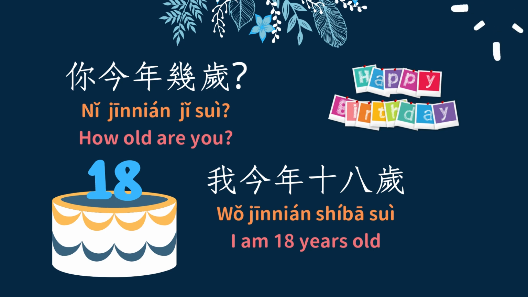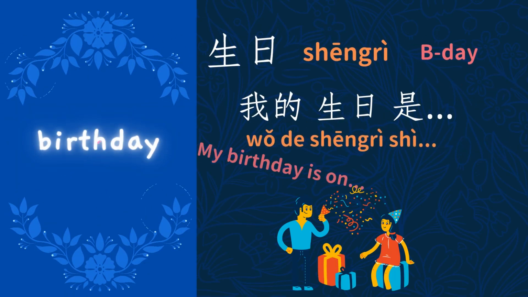When we answer this question, we will also add 今年, this year, to the sentence. 我今年18岁. I'm 18 years old.